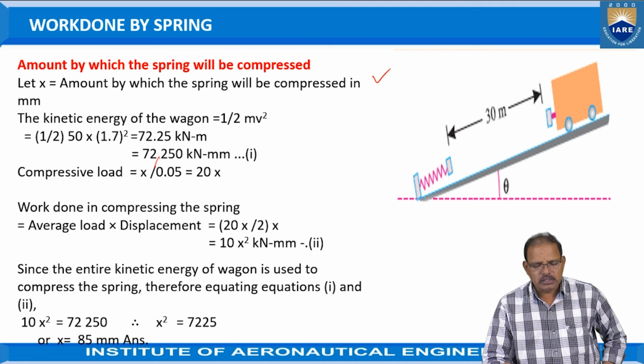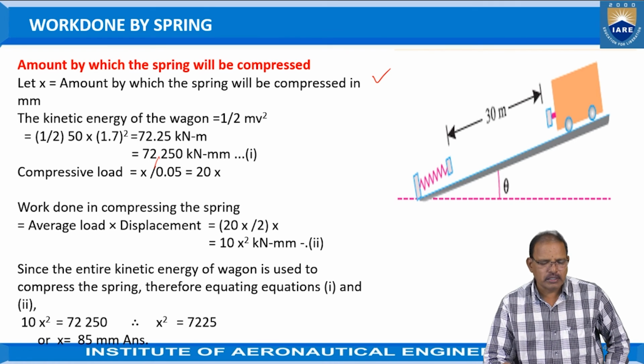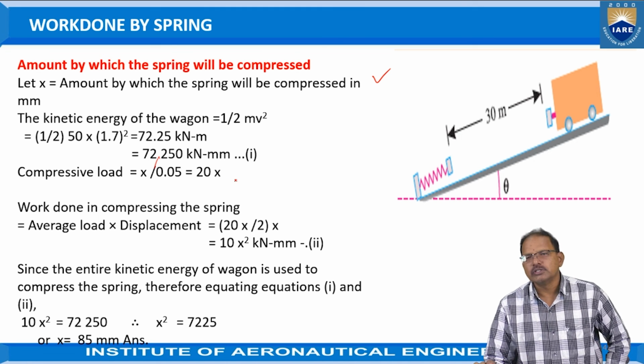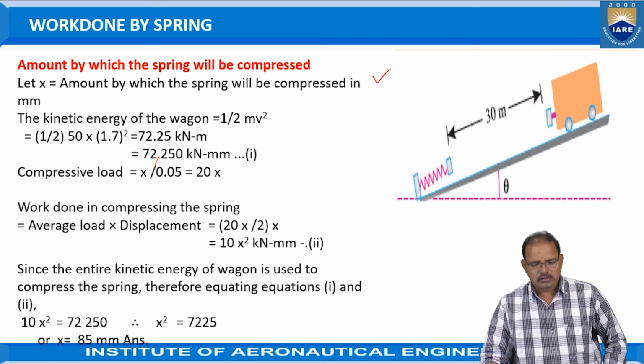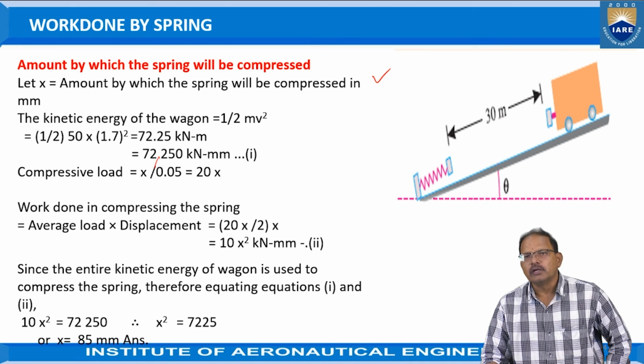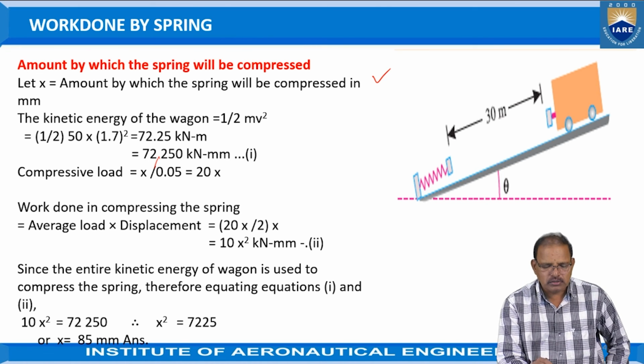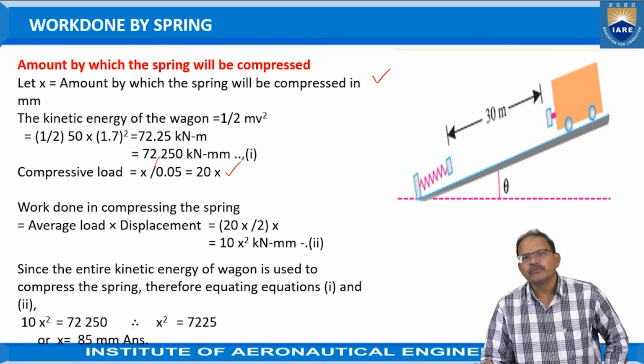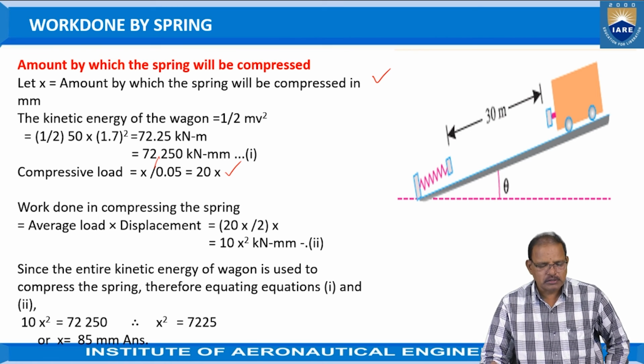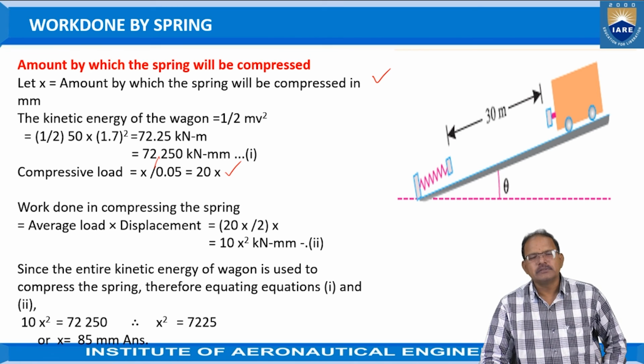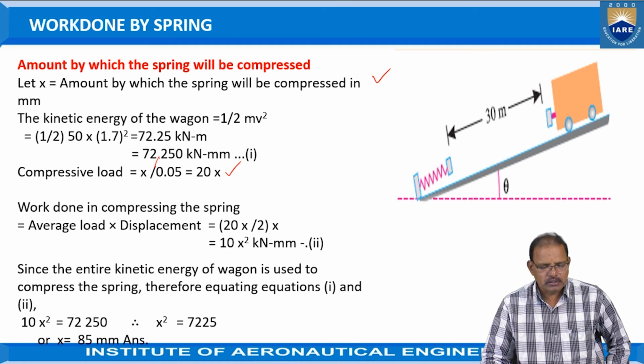So the compressive load is given by, if x is the distance moved and the spring constant k is given as 20, then 20x is the total force responsible for compressing the spring. Work done in compressing the spring is given by average load multiplied by the displacement.